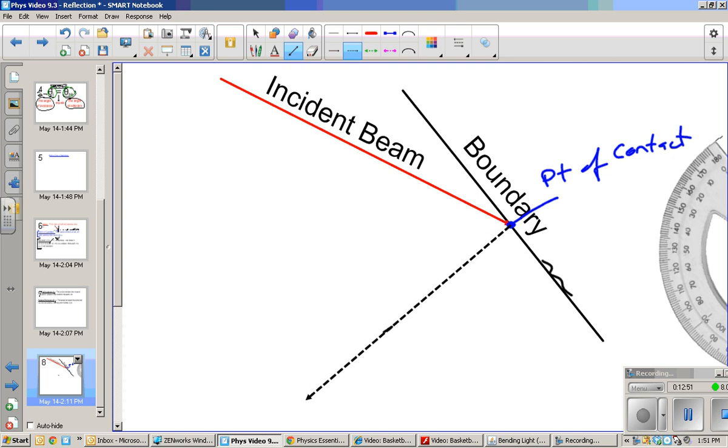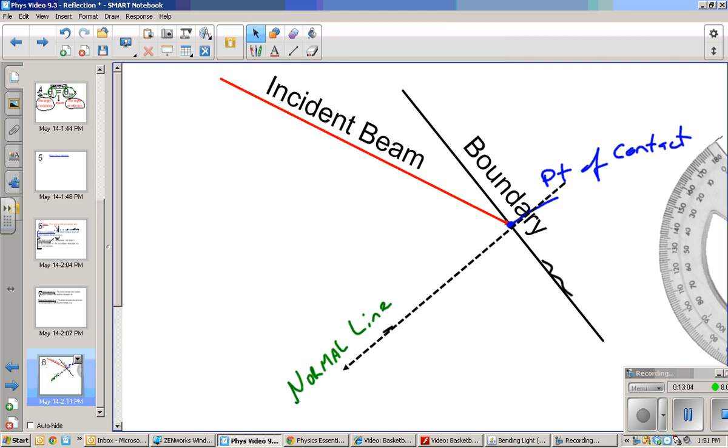That dotted line that I just drew represents my normal line. Technically, you should extend it in both directions, which there isn't really an easy way for. Oh, that works. There we go. It should really extend on both sides of the boundary for reasons that will become clear later on.